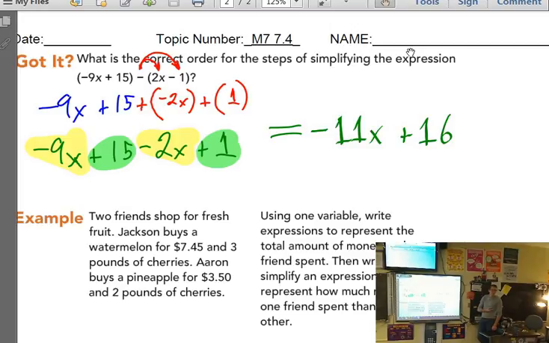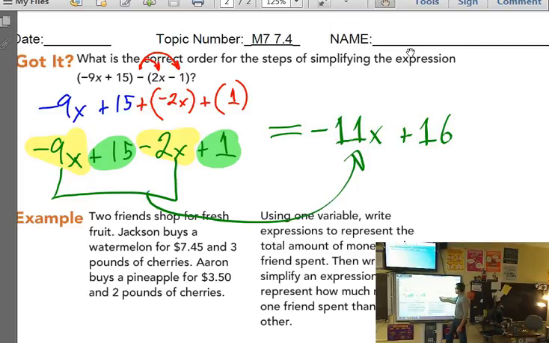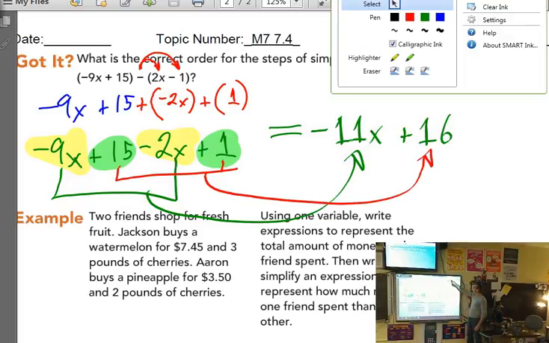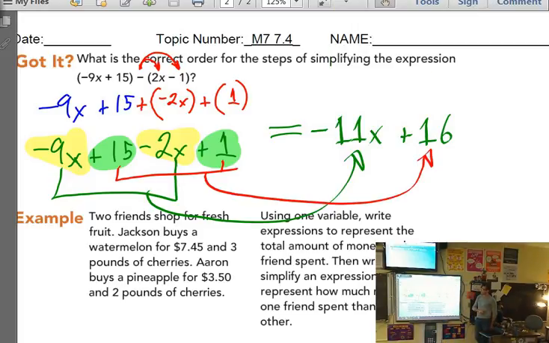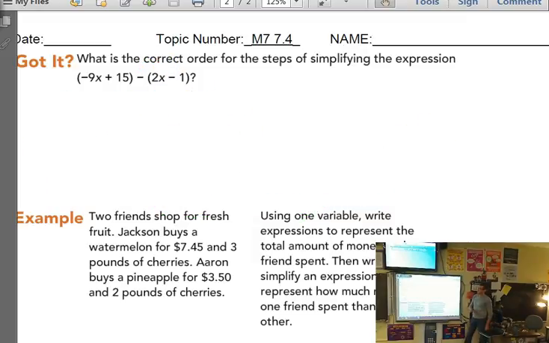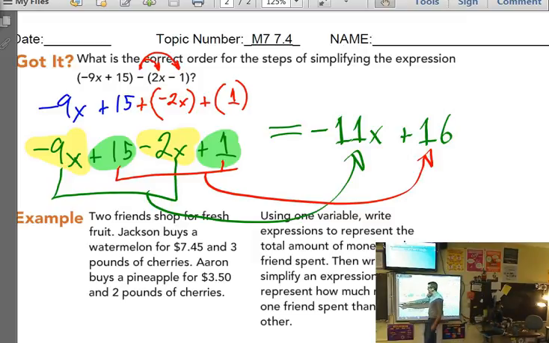What do you mean, what? So these join, gives you the negative 11x. These join, give you the 16. But we're at negative 9, told to go down. That's why it gets more negative.